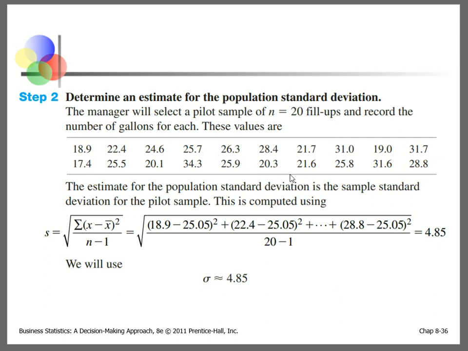So, assuming these are the values, the estimate for the population standard deviation is the sample standard deviation for the pilot sample, which is computed using this equation. And now we have a result of 4.85.